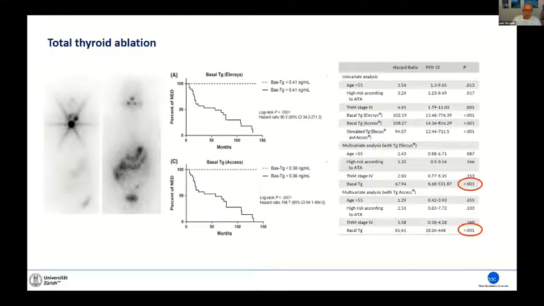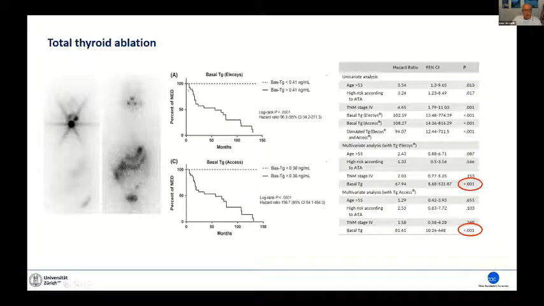This is the paradigm of management of patients treated by total thyroid ablation: thyroidectomy, ablation, remnant, and this is one lymph node metastasis in the central neck compartment. After 12 months, negative full body scan.